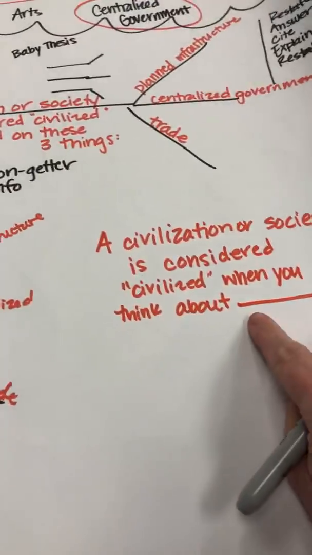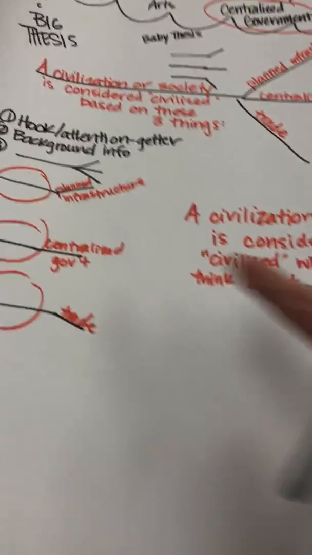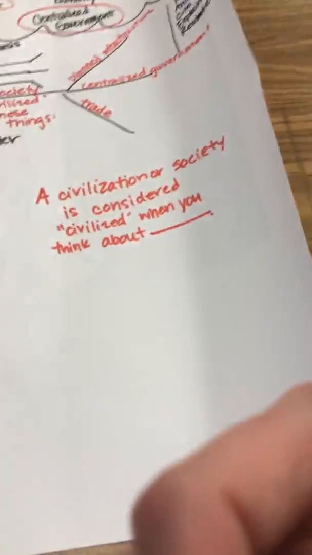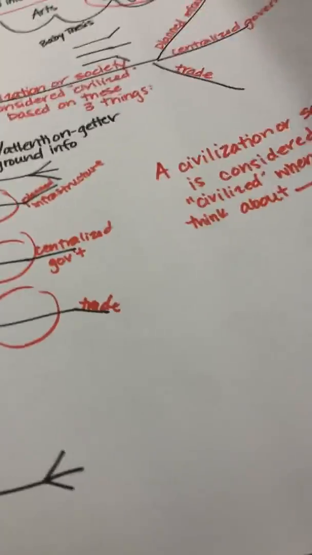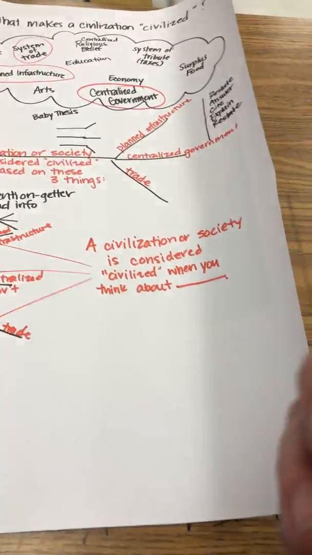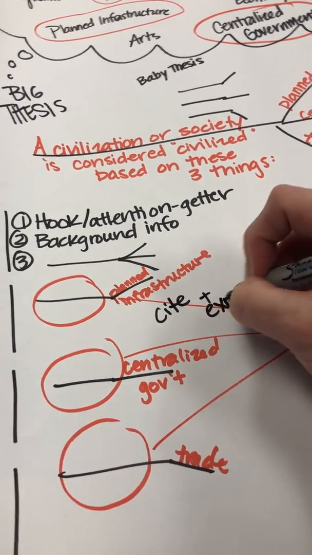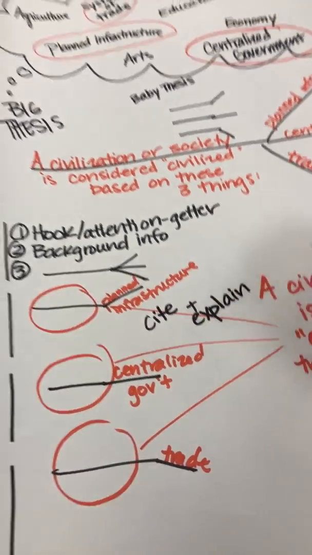So this statement goes here, here, and here. You just fill in the blank with when you think about planned infrastructure, when you think about centralized government, and when you think about trade. So that same thing goes 3 times. I'll try to make that line clear. It just kind of makes it easy when they're filling it in. And then what you do afterwards for each of the body paragraphs is you cite your document and explain what it has to do.